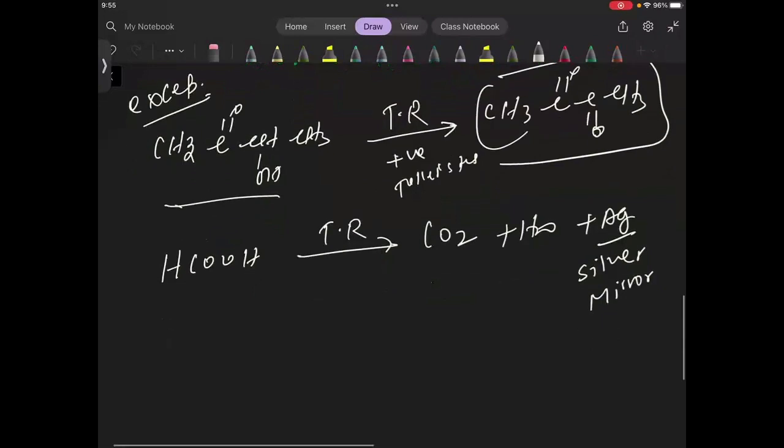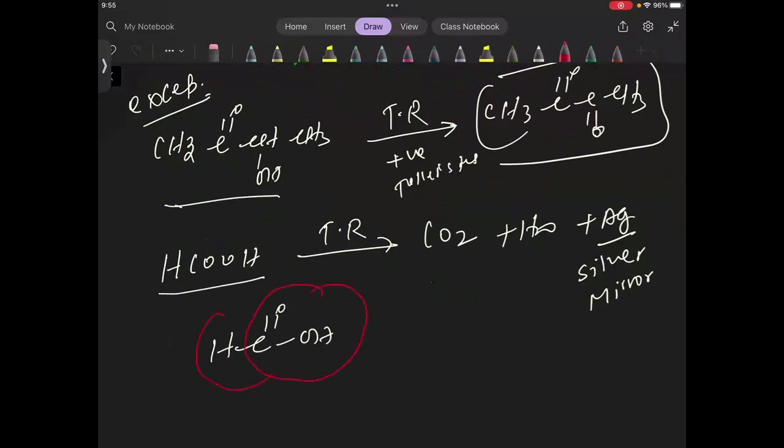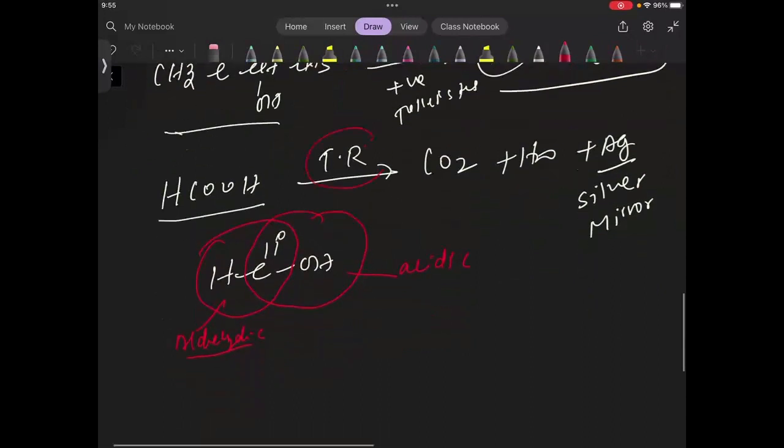Now your question, sir, is why formic acid gives the Tollens test. Students, formic acid contains both groups: one is the acidic group, and the second is the aldehyde group. Since it contains the aldehyde group, it will give the Tollens test.